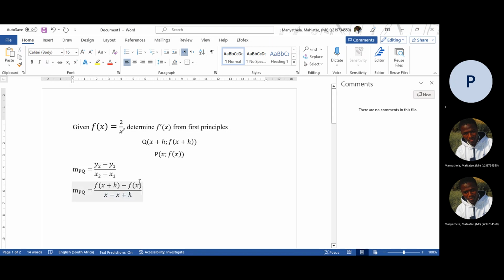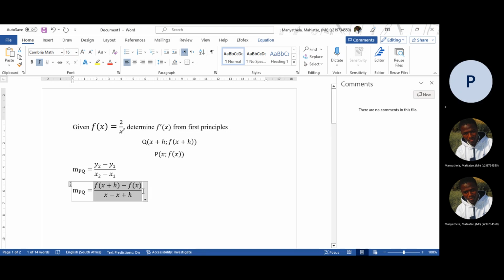So I plugged in my coordinates or my points. After plugging in the coordinates, we are going to add the like terms. If you can look, we have positive x here and negative x. So positive x and negative x will cancel.